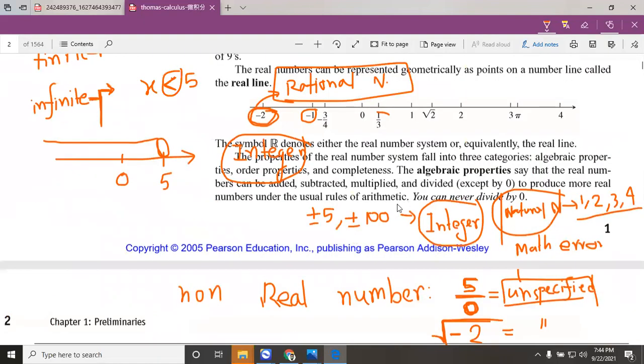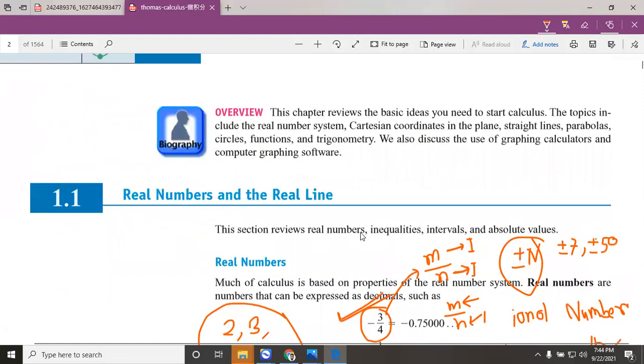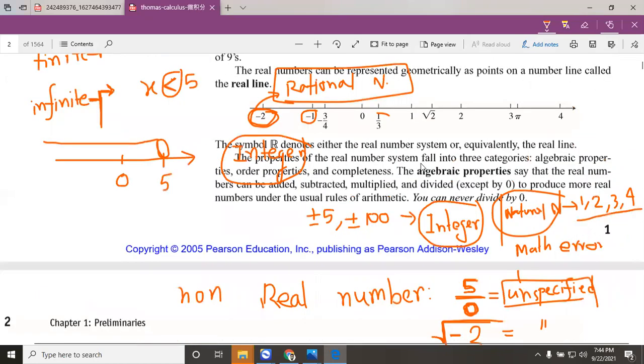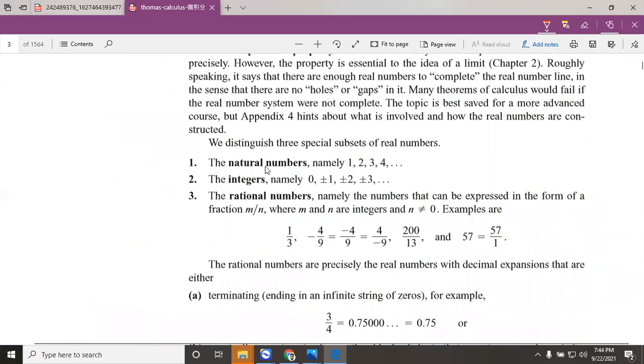So where is the real line algebraic properties? Guys, see here natural numbers 1, 2, 3, 4, and integers including 0, right? 0 is an integer. So 0, +-1, 2, 3, like this way.